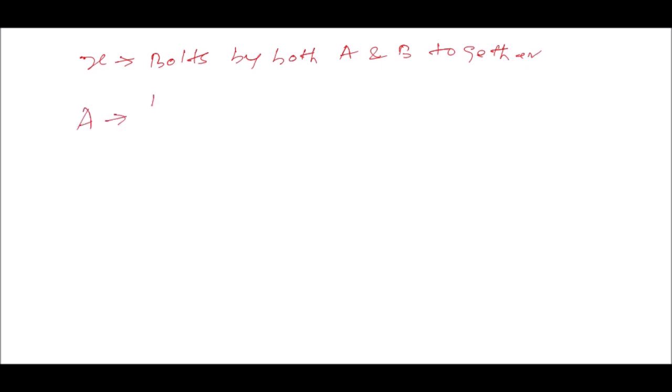A is manufacturing 40%. Out of that, how many are defective? 5% are defective. Therefore, this much defective bolts are manufactured by A. That means 200 divided by X.